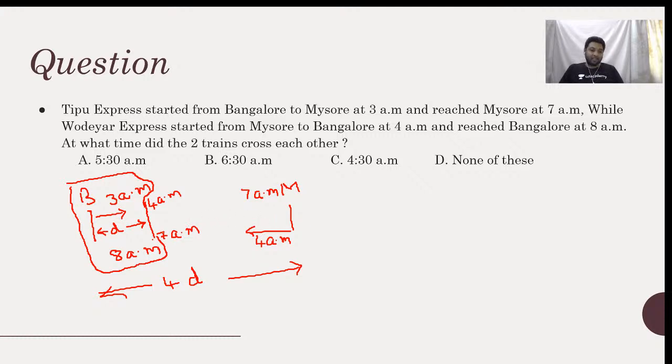They will meet exactly at the midpoint of 4 a.m. and 7 a.m. What is the midpoint of 4 a.m. and 7 a.m.? 3 hours, so 1.5 hours. That means at 5:30 a.m. they will meet each other. Is that clear? Therefore, they will meet each other at 5:30 a.m. Understood that?